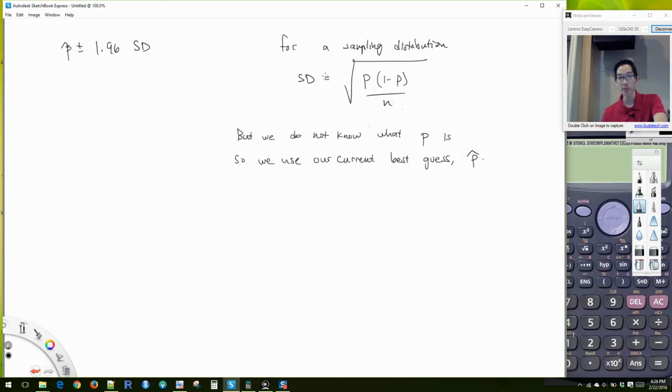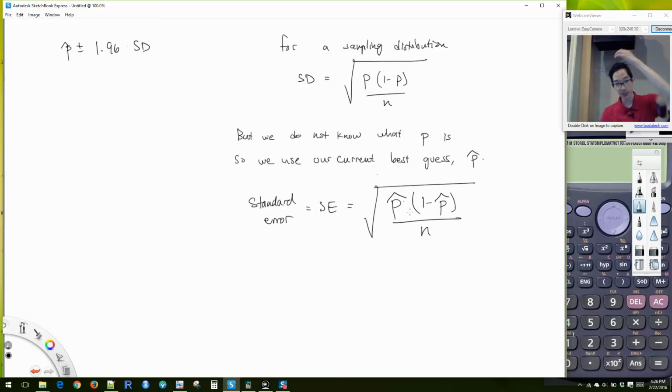And when we replace p with p hat, we call this our standard error, or our SE. And so it's the square root of p hat times 1 minus p hat over n. So it's almost exactly the same thing. I'm just going to write star, use p hat when doing a confidence interval.